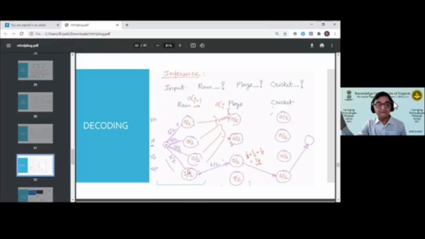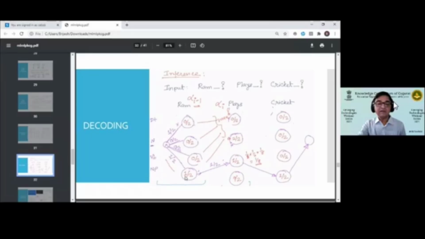So if you see, the bottommost circle has the highest probability of 1 by 2. That is the probability of Ram being a noun, a proper noun, which is true also. So enable that link, and similarly do it for all levels.